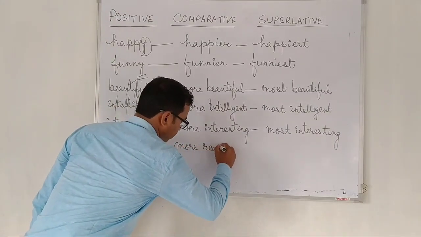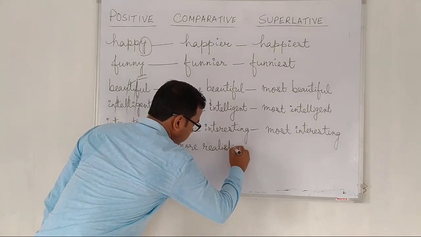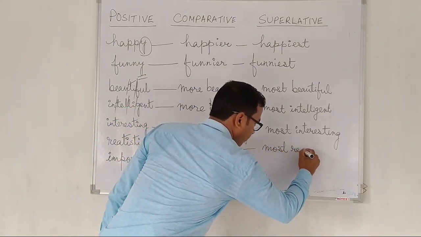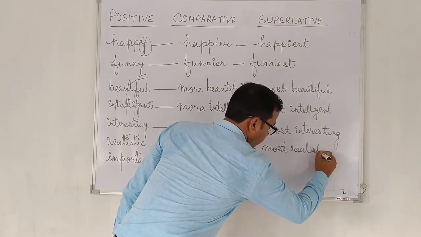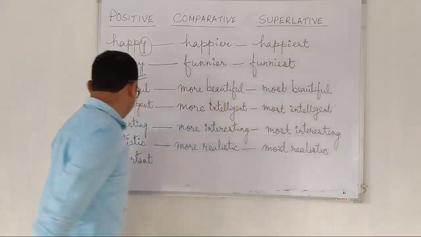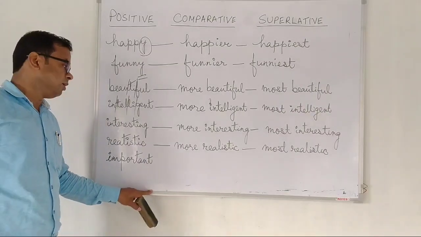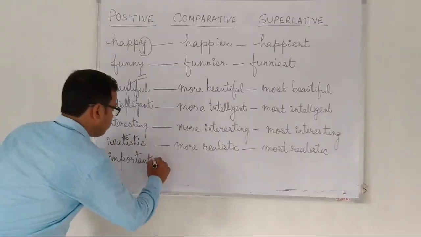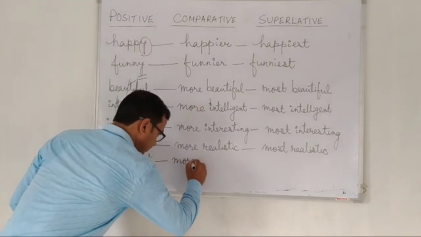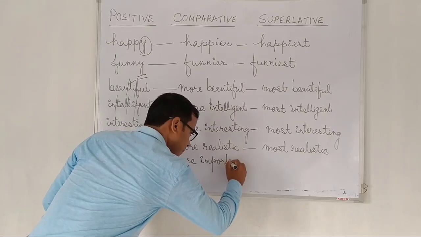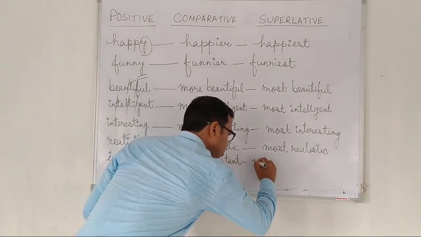More realistic and most realistic. Similarly, important. This is also a long syllabic word. In this case also, we have to use more and most. More important and most important.